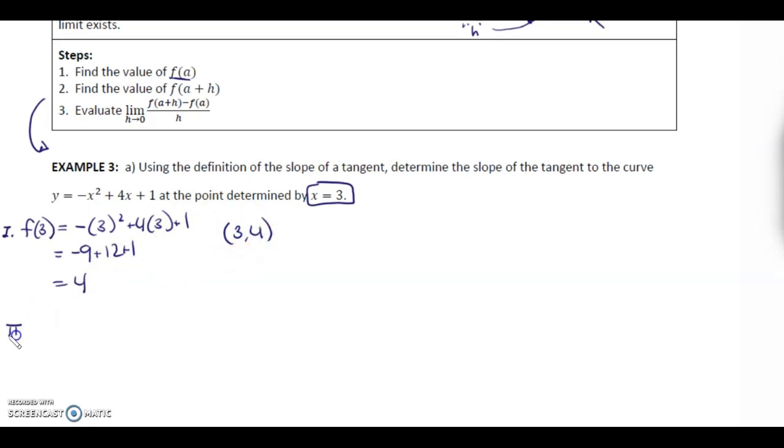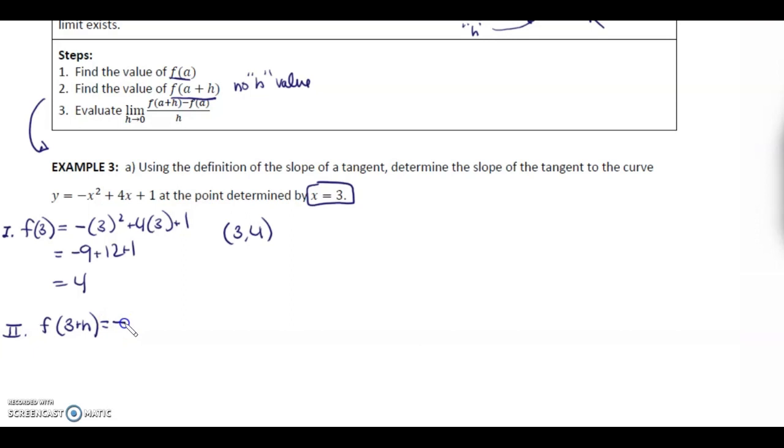I'm then going to find the value of f at a plus h. So here's the thing, we no longer have an h value, we're actually using h. So in other words, f at 3 plus h.